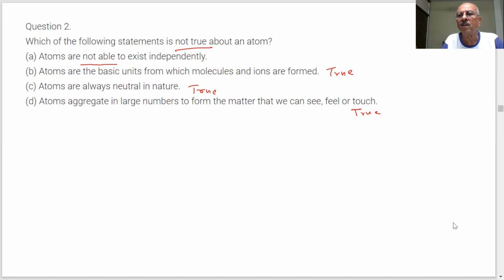Atoms are not able to exist independently. That is not true, because helium can exist. How do the noble gases exist? When we talked of atomicity, noble gases, helium, neon, argon, krypton, and xenon, they exist as monoatomic. Therefore, this statement is not correct.